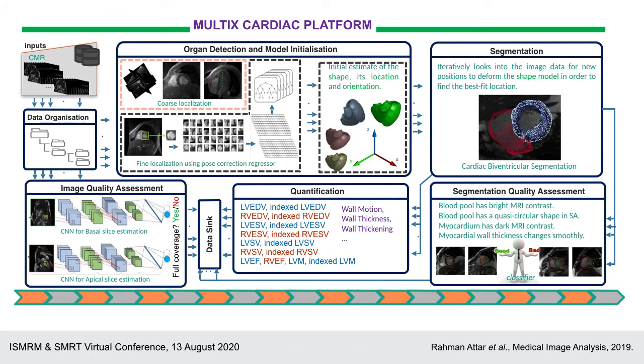And then the organ detection, the initial estimate of the model, fitting the model to create the segmentation and to create a 3D model, and then to do the quantification, and then the assessment of the segmentation quality. So the whole process was done automatically without any user intervention at all.